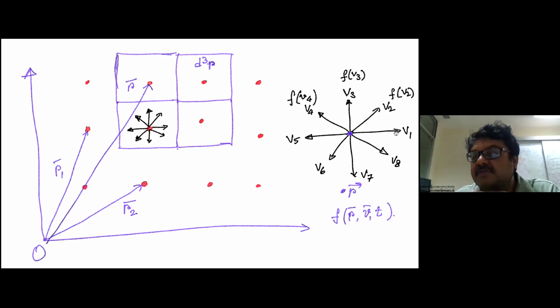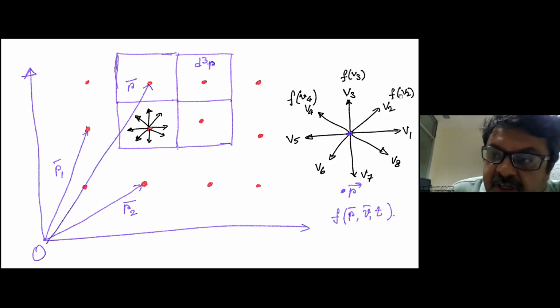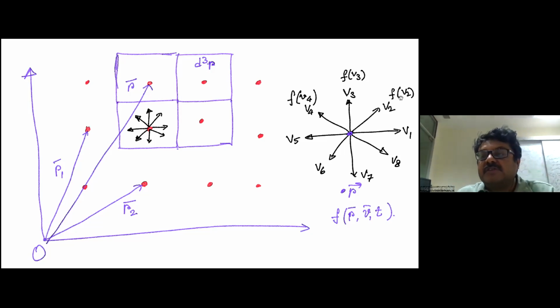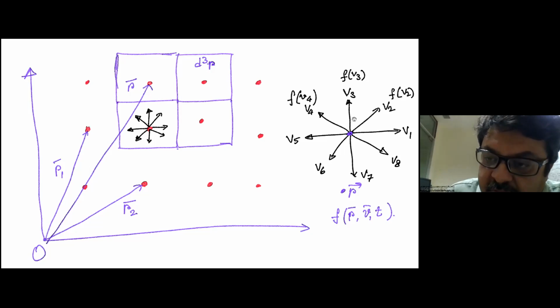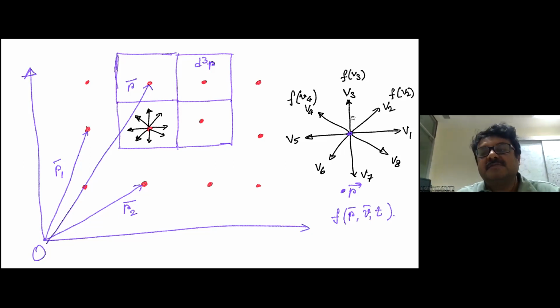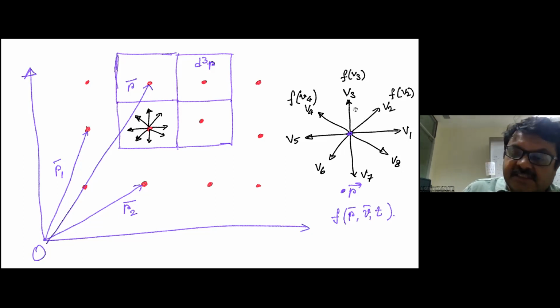So some particles which were moving with v1 have, after the collision, velocity v2. Some particles which had velocity v1 after collision with v8 could also end up with velocity v3. So again, f1 is decreasing and f3 is increasing.